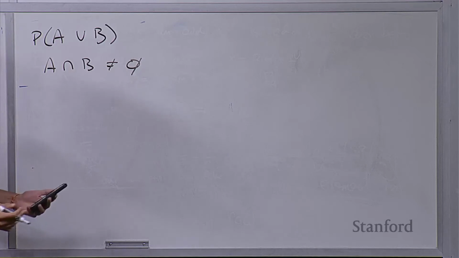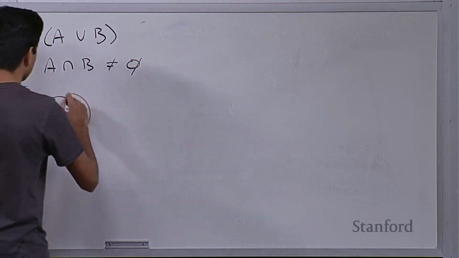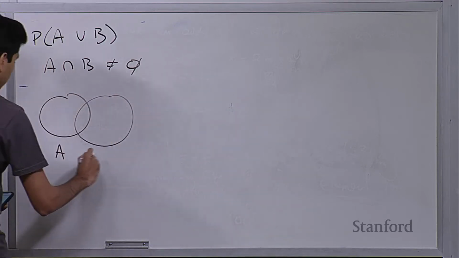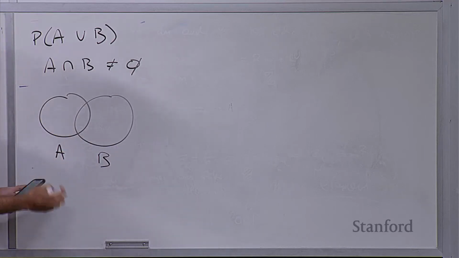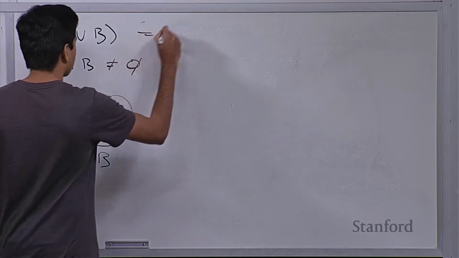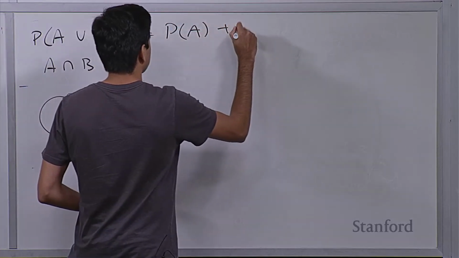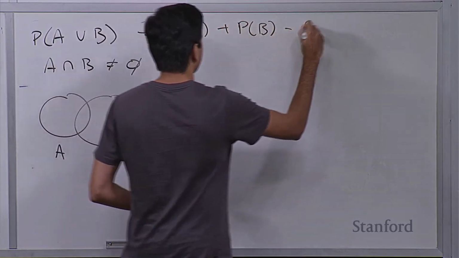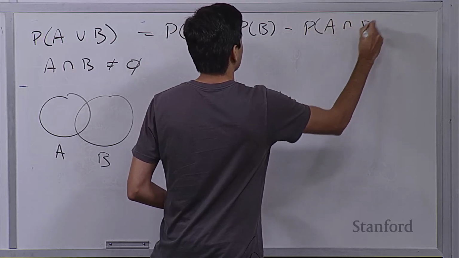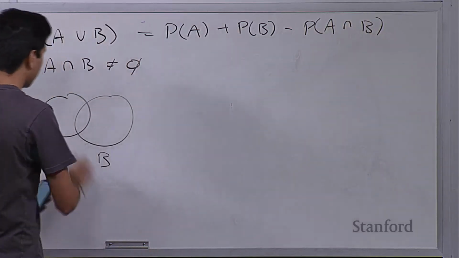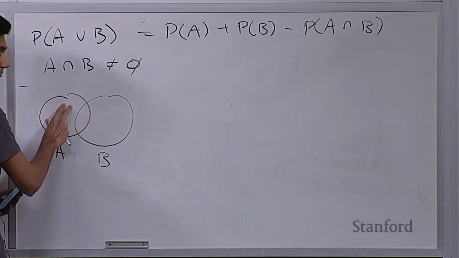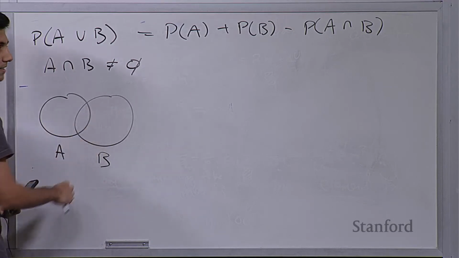What you might have seen earlier in other classes is, let's say you have two event subsets A and B, and there's some sort of overlap, and this overlap is a non-empty set. It's not necessarily clear immediately how to do this. I'm sure you remember from a while ago that this looks something like P of A plus P of B minus P of A intersection B. Basically what we're doing is we're going to add the probability of A and the probability of B, and then subtract the overlap.